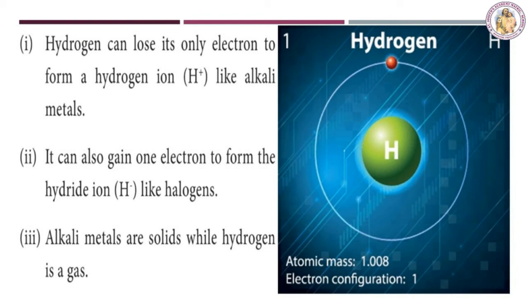It can also gain one electron to form the hydride ion like halogens. Alkali metals are solids while hydrogen is a gas. Hence, the position of hydrogen in the modern periodic table is still under debate as the properties of hydrogen are unique.